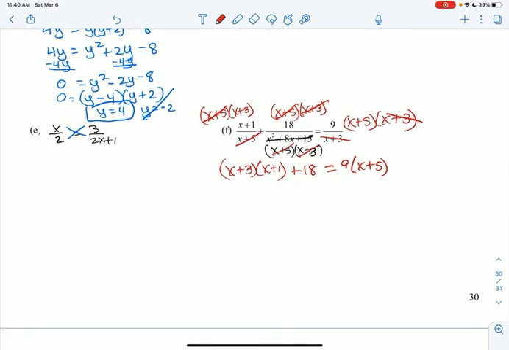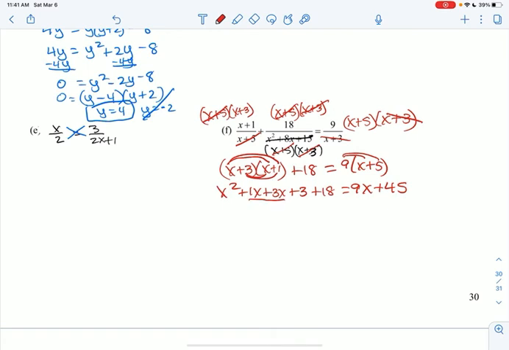So the first term, I have to FOIL that. So x times x is x squared, x times 1 is 1x, 3 times x is 3x, 3 times 1 is 3. On the right, I'm distributing. So I get 9x plus 45.